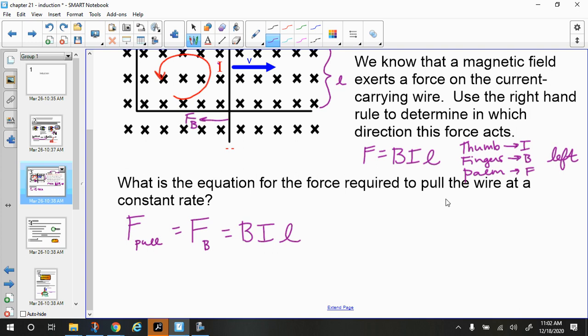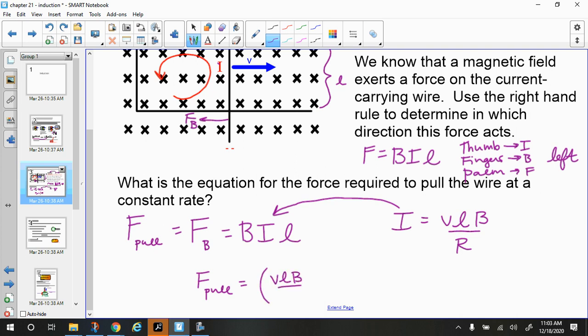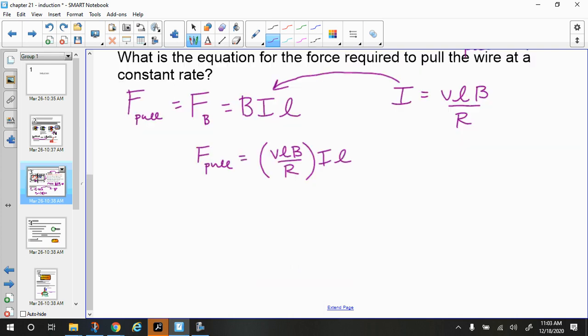Now we also know that the current from up above is equal to velocity times the length times the magnetic field divided by the resistance. So if I plug that into there, then I get the force pull is equal to, let me just write it out so that we're very clear as to what we're doing, instead of just jumping into simplifying it.